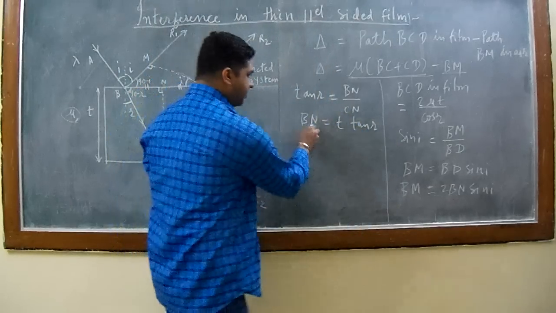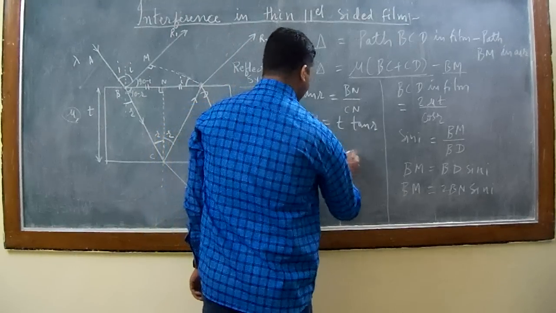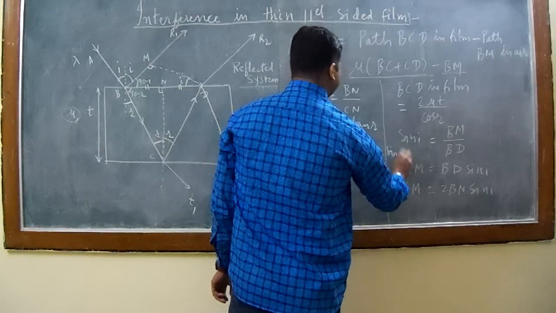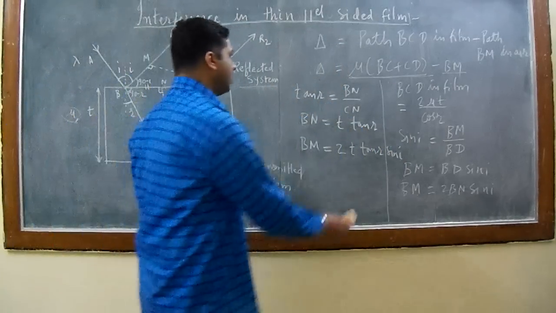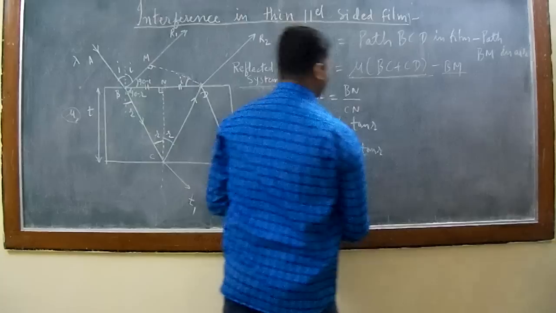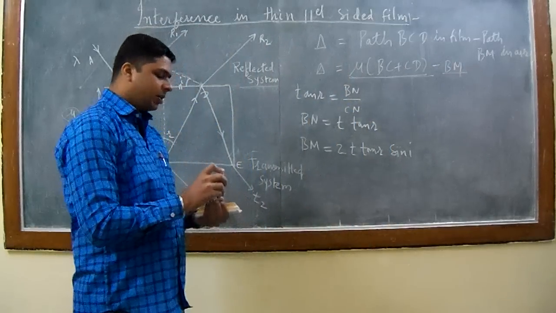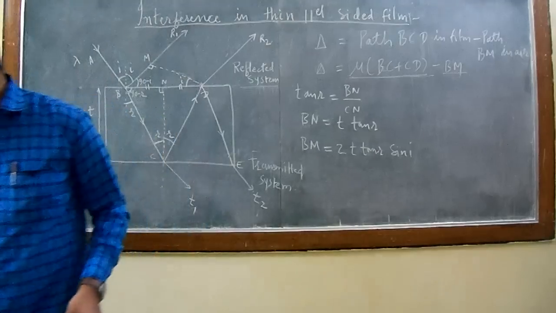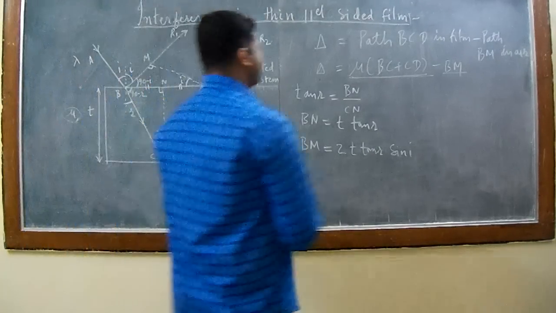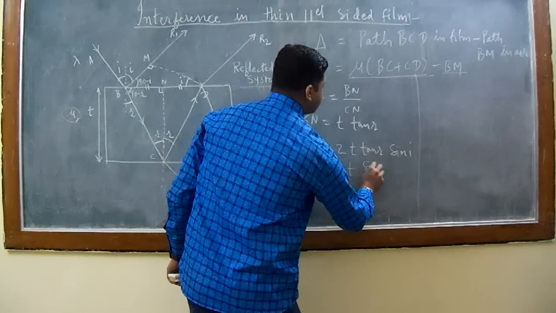Now let us substitute this value of BN in this equation, and hence we get path BM is equal to 2 times t into tan of r into sin i. But we can write this as 2 times t, tan of r can be written as sin r upon cos r, into sin i.